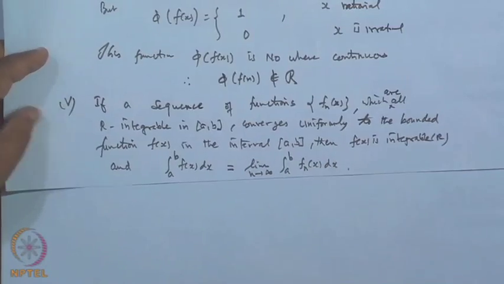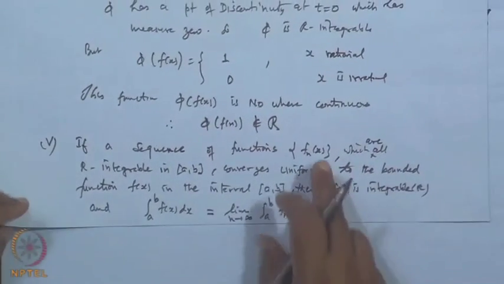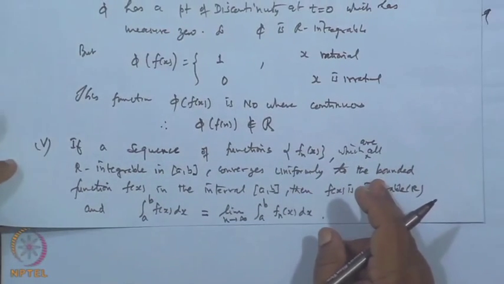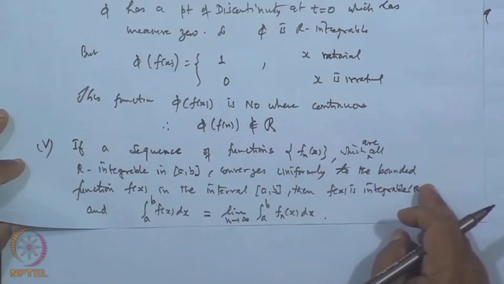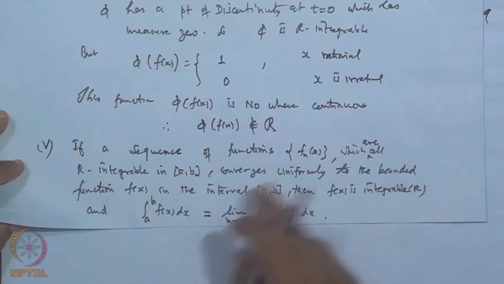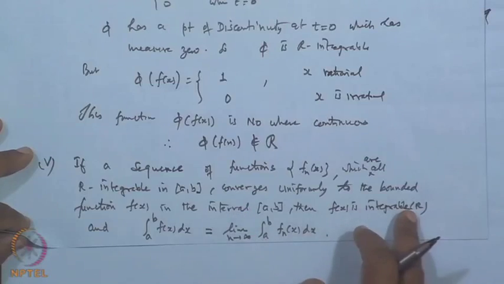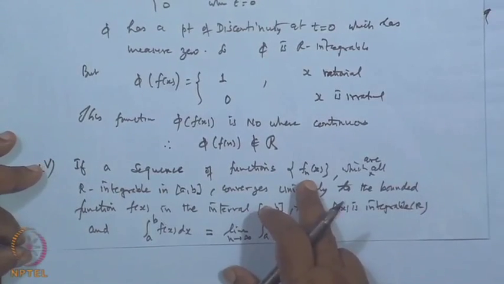That is all. So, what it says is, if a sequence f n of Riemann integrable functions is given, and it converges uniformly to f. When we say f n converges uniformly to f over the interval, it means the modulus of f n x minus f x is less than epsilon for all x. It is independent; the epsilon does not depend on x, for all n greater than n naught.